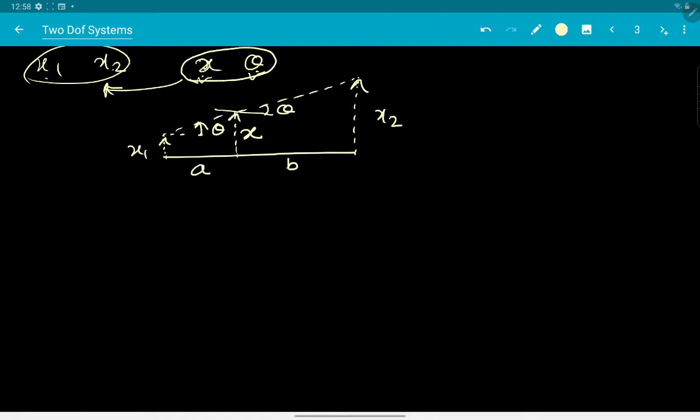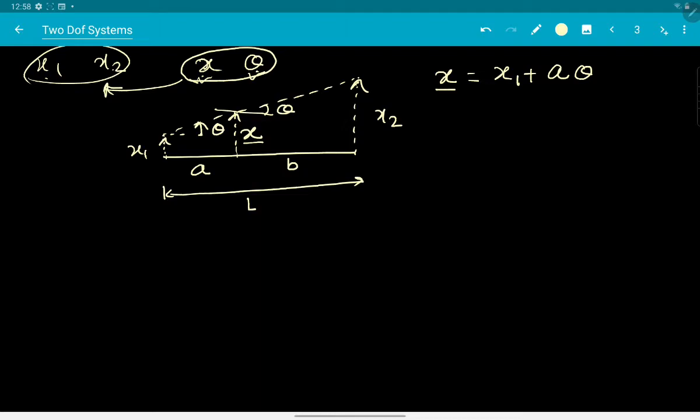This is a, this is b, and let me say the entire distance is equal to L. If so, then obviously I can write that x, at this location, is equal to x1 plus a theta, which gives me the value of x.